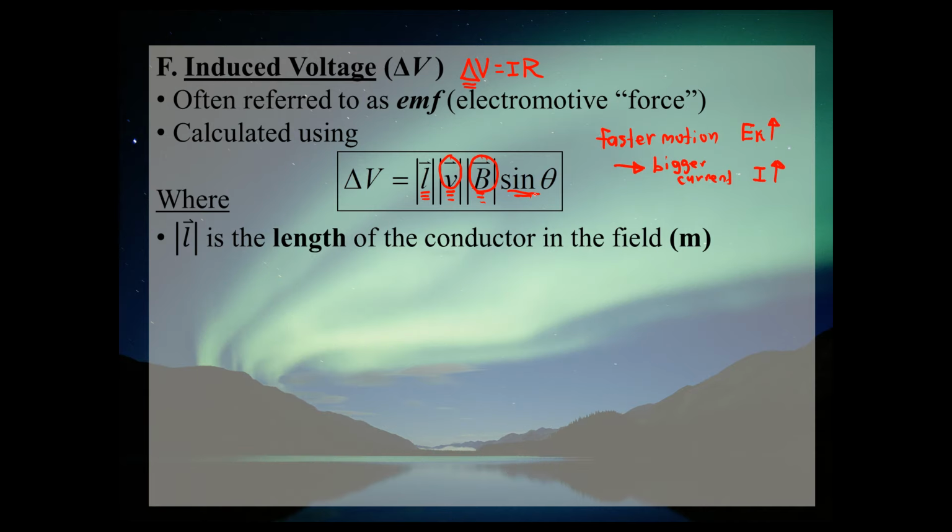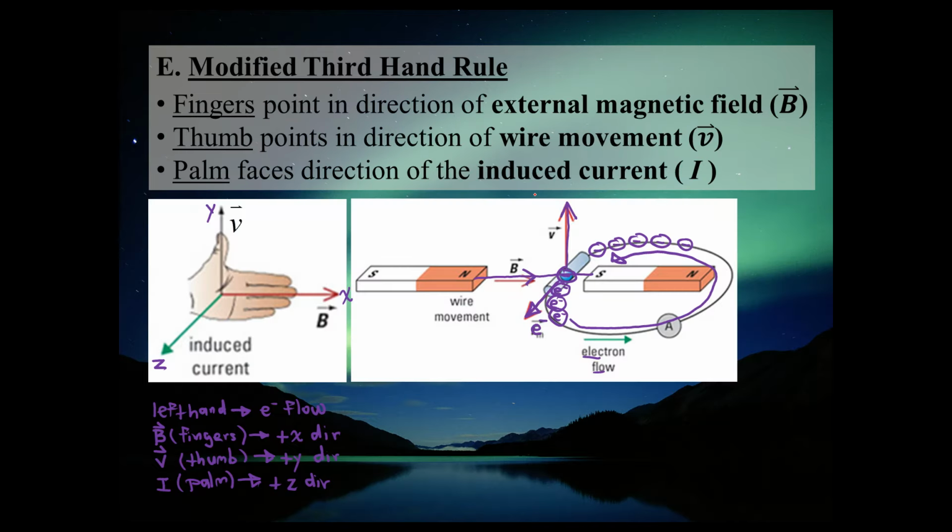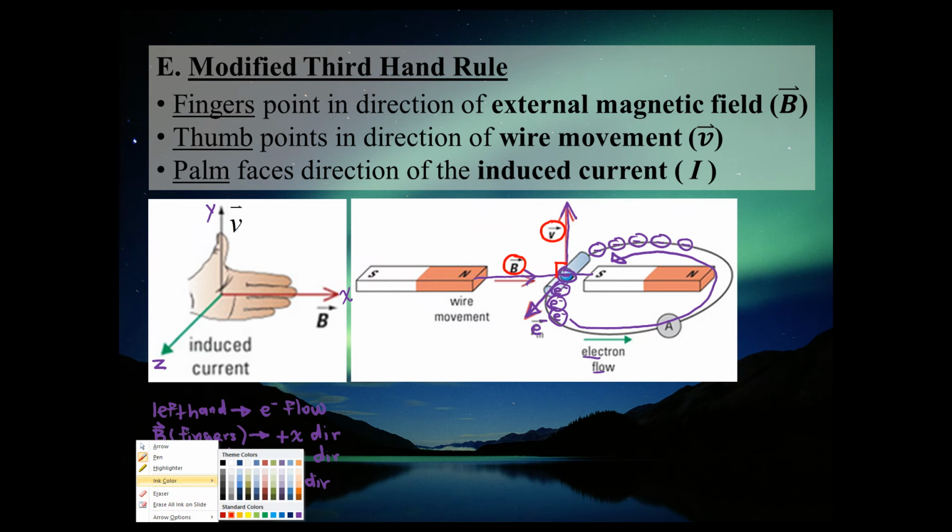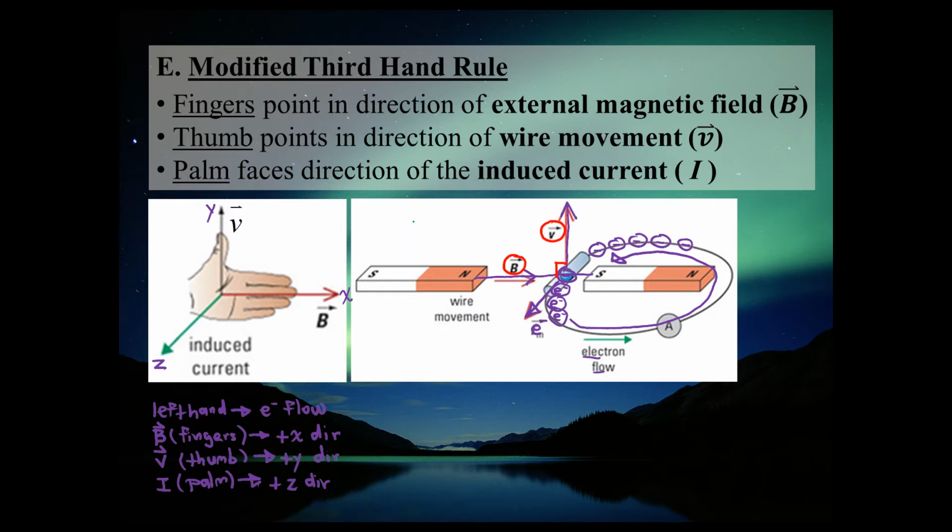If we go back to this previous picture, this is the case. If you look at the diagram, the direction of the magnetic field is towards the positive x direction. The direction of the velocity of the conductor is in the positive y direction. Well, that's a 90 degree angle between the vector v and the vector B. You also want to have a 90 degree angle between the length of your conductor and the magnetic field.